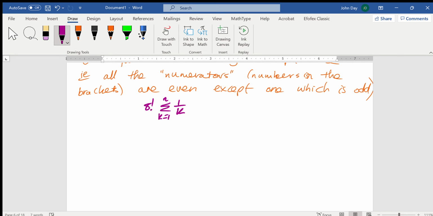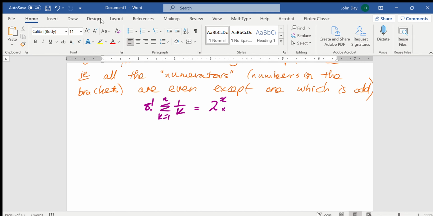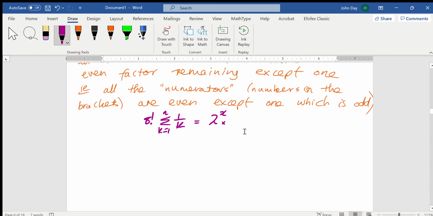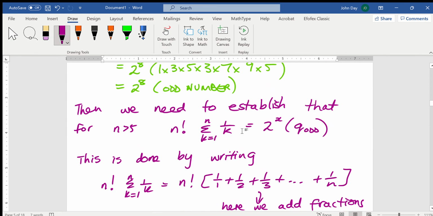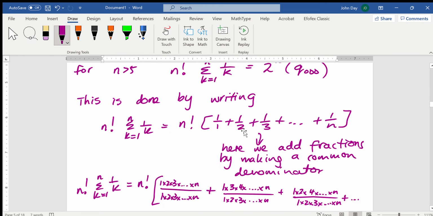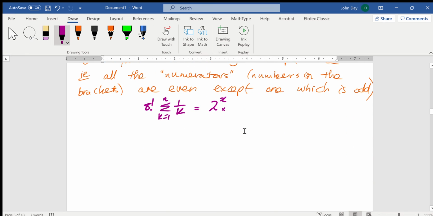If you times it by n factorial, it'll be 2 to the x, and then times some number, and I just want to see the letter that I'm using. Up the top here, I said we want to establish that it's 2 to the x times q odd, so I'll call it q, some number q, which is odd.